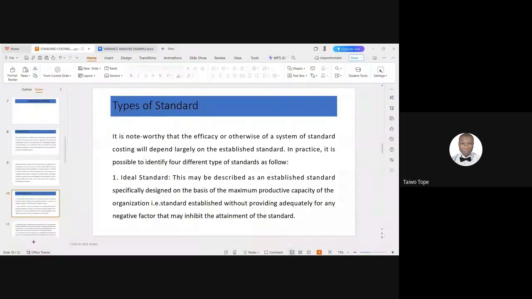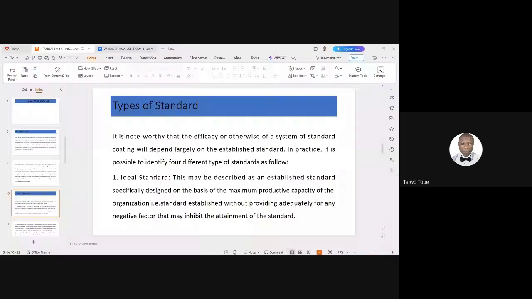When we talk about ideal standard, what are we referring to? Ideal standard is a standard that talks about perfect condition. It assumes that everything must be perfect. That you must not come late to work. All things being equal, by 8 a.m., you should be in your office, on your desk.